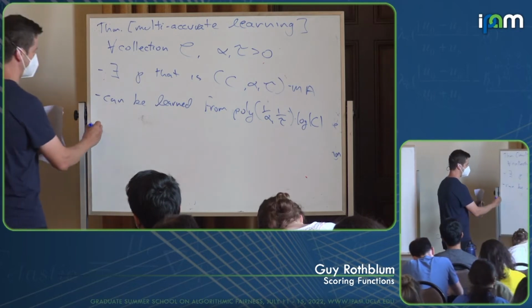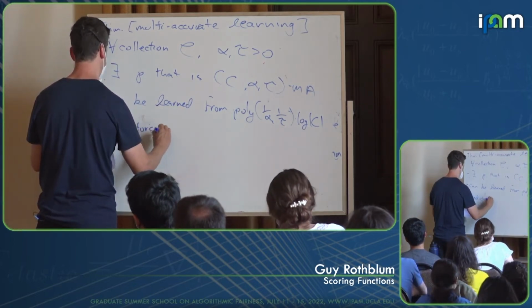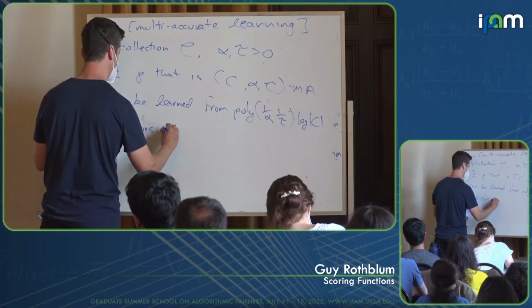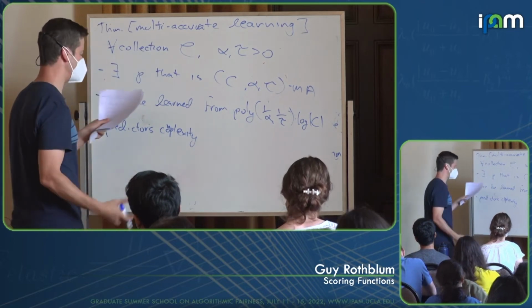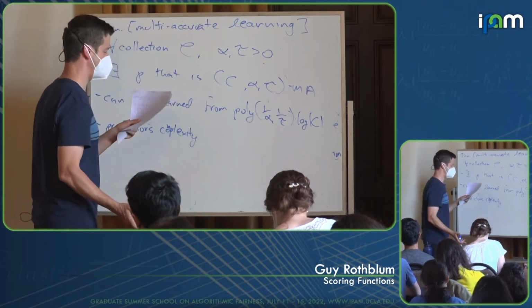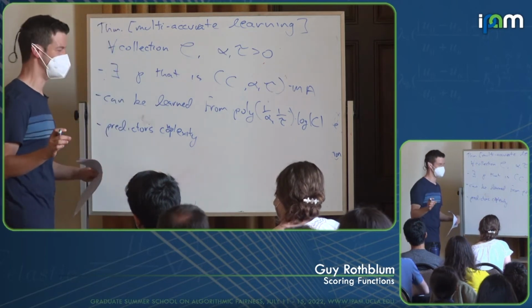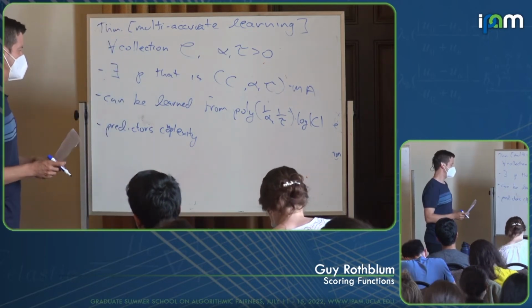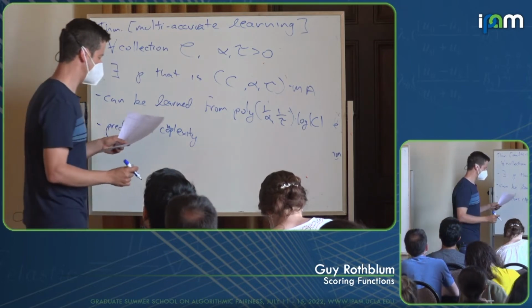The size of the predictor, its complexity, is roughly, I don't want to pin down exactly the notion of complexity that I'll use, but we'll see it once we see the algorithm. It'll be clear.